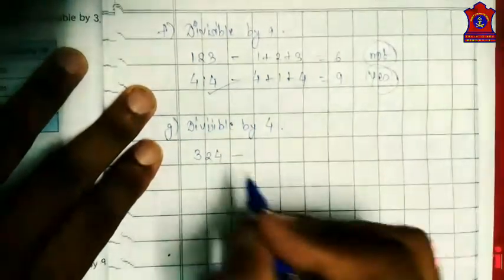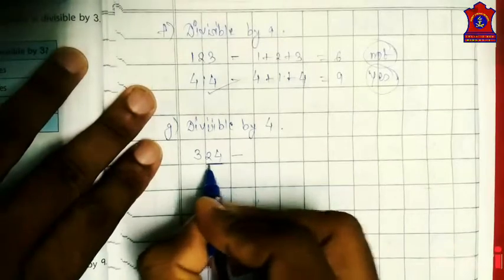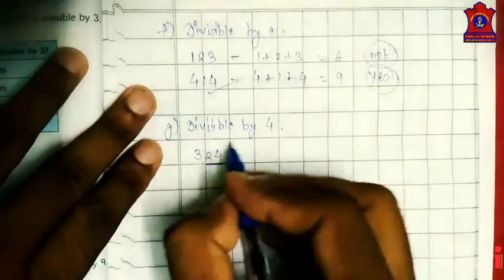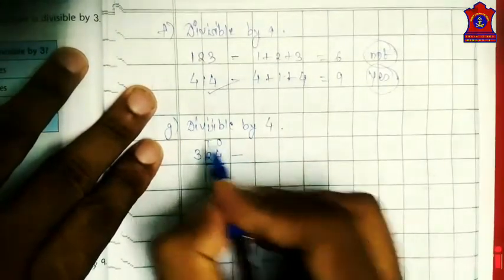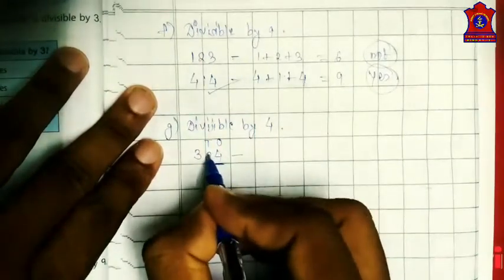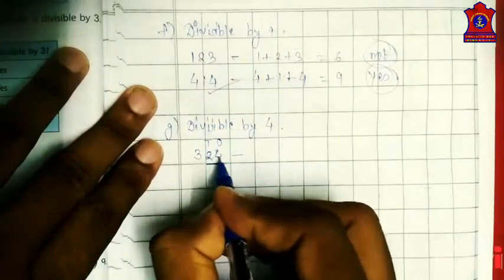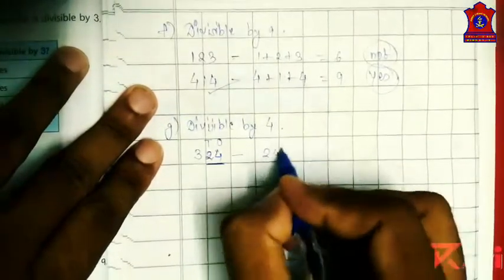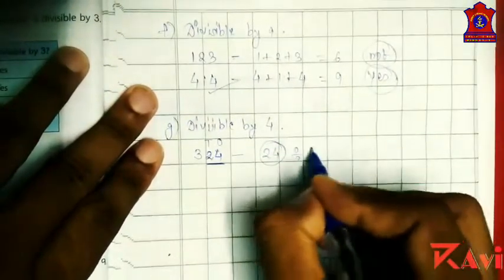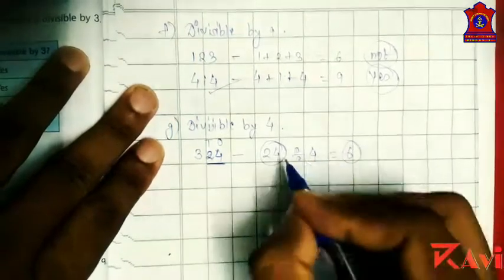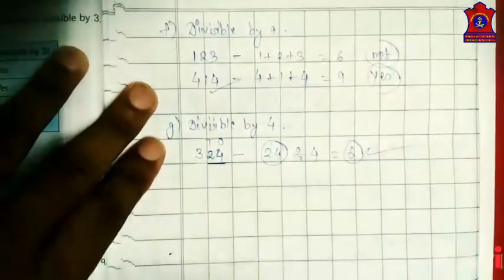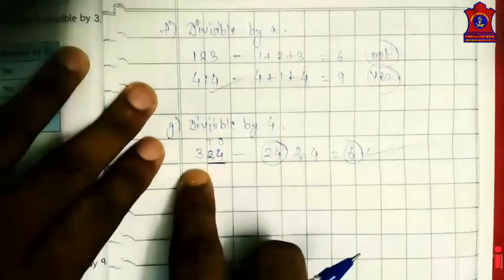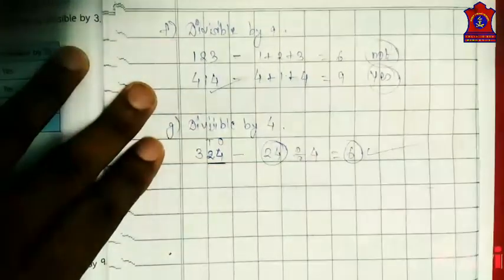Look at the first 2 digits which are there at ones and tens place, and check whether this number is divisible by 4 or not. So this number is exactly divisible by 4. So we can say that 324 is divisible by 4.